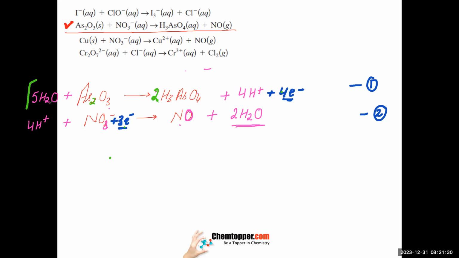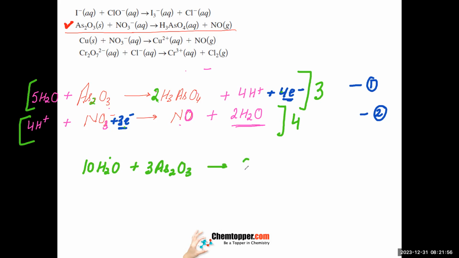So multiply the above equation by 3 and multiply the below equation by 4, right? So when you multiply the above equation by 3, it is 10 H2O plus 3 As2O3 giving you 6 H3AsO4 plus 12 H plus 12 electrons, right? 4 times 3.